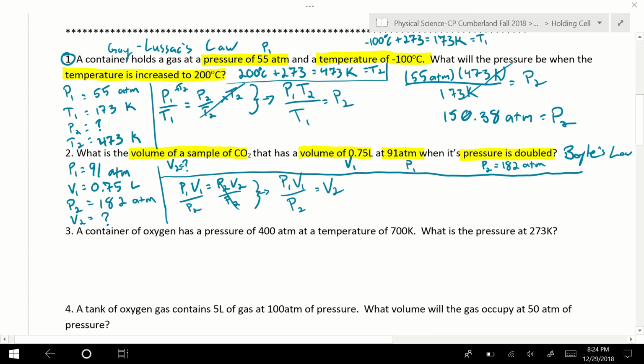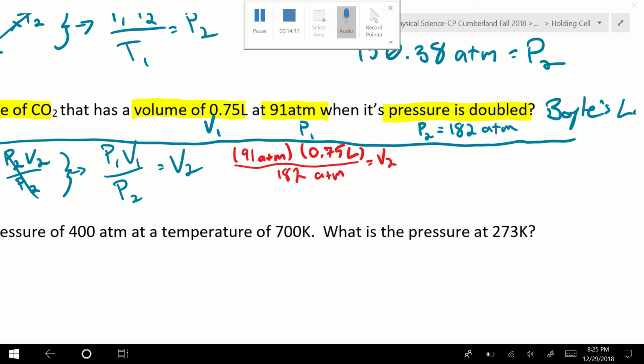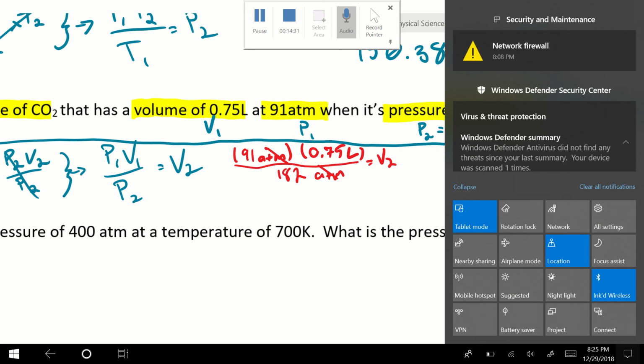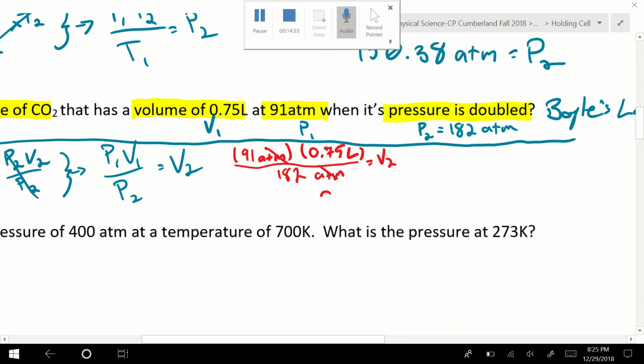Plug in the math. You can see how I've plugged this all in. Then I math out on a calculator. And we expect that the volume will drop since the pressure is increased. Atmospheres cancel out, and we end up with 0.375 liters for volume 2.